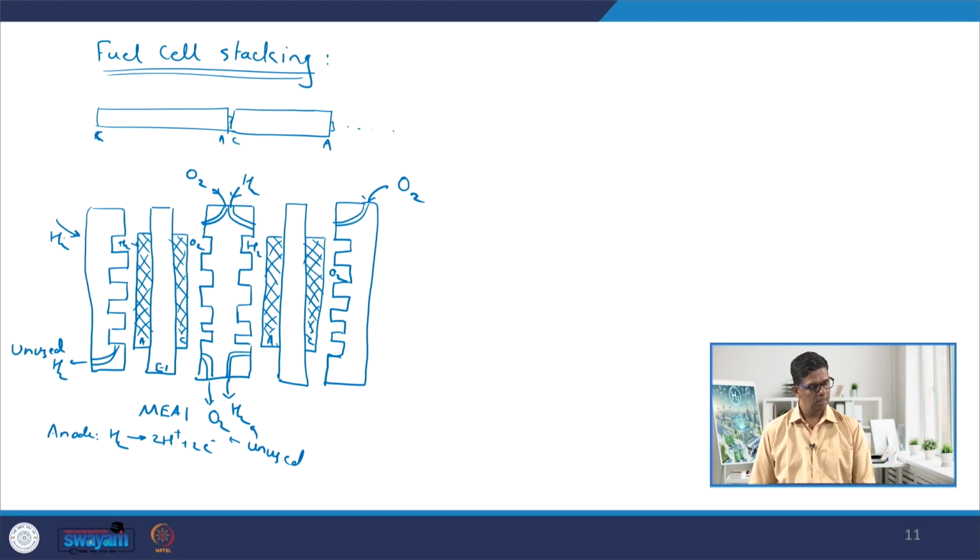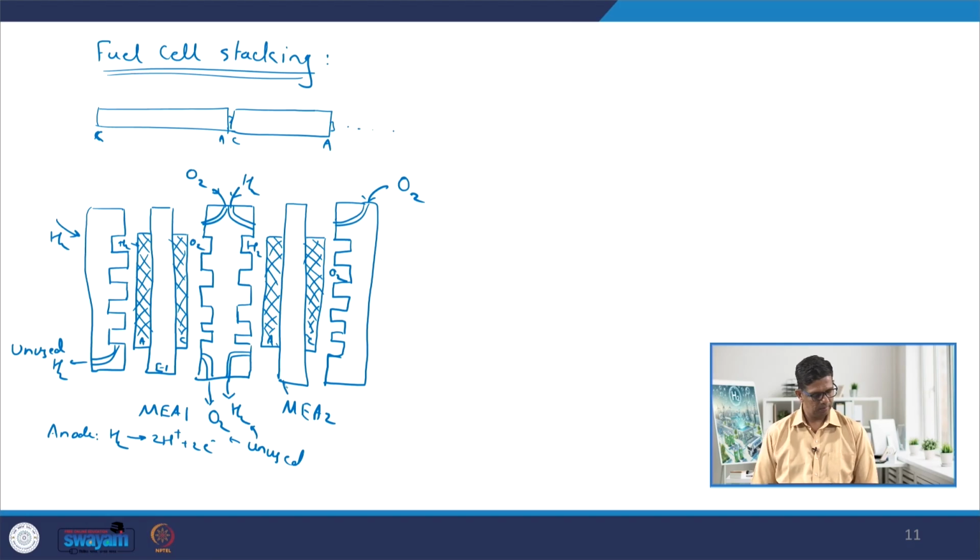So, how do fuel cells work when they are stacked together? When we have hydrogen supplied to the first cell, it enters these channels and then it enters the diffusion layer, and at the catalyst layer the anodic reaction takes place. Similarly, when it comes to the cathode, this is our MEA2.